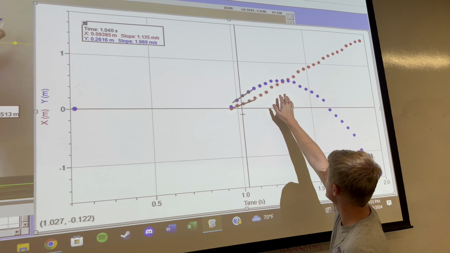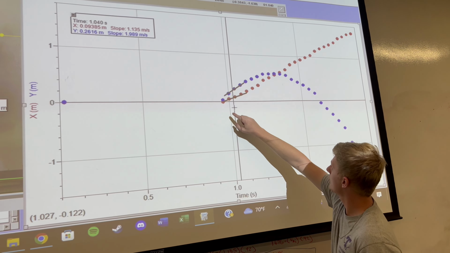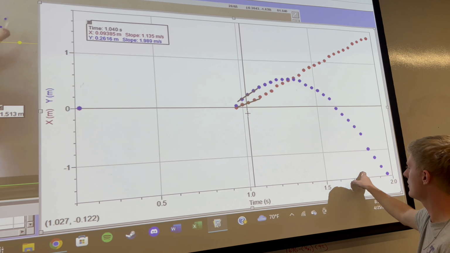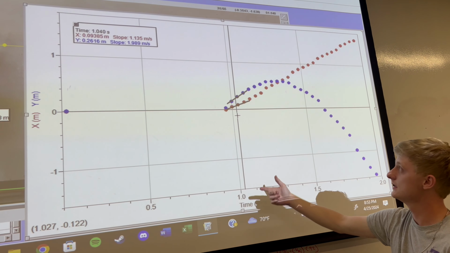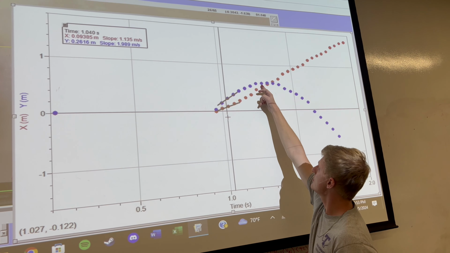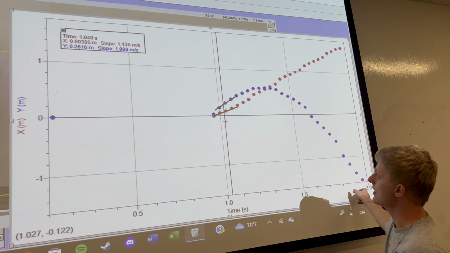For the Y velocity, it changes because over time there's acceleration, gravity. So as we see, it reaches this arc, then starts coming back down and down and down.